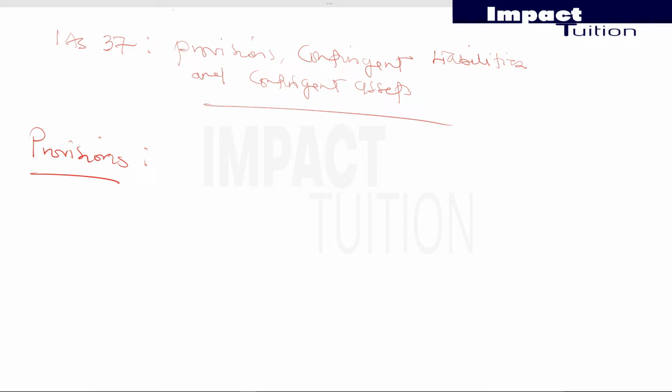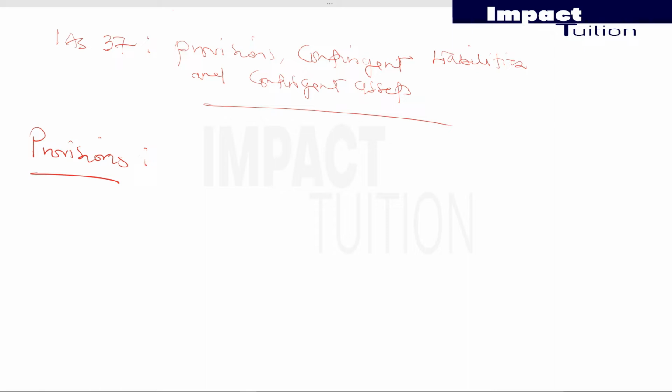Now, the objective of the standard is to ensure that appropriate recognition criteria and measurement bases are applied to provisions, contingent liabilities, and contingent assets, and that sufficient information is disclosed in the notes to the financial statements to enable users to understand their nature, timing, and amount.